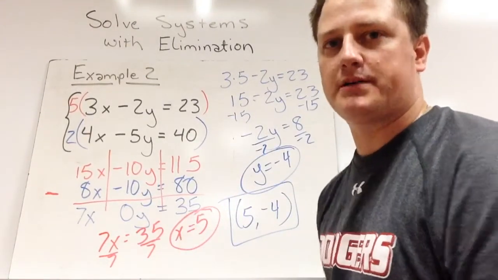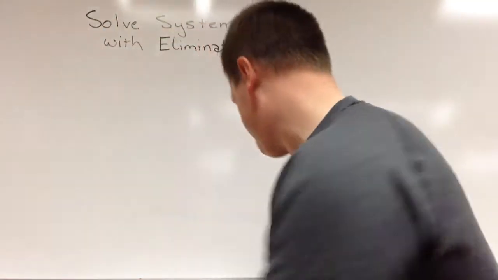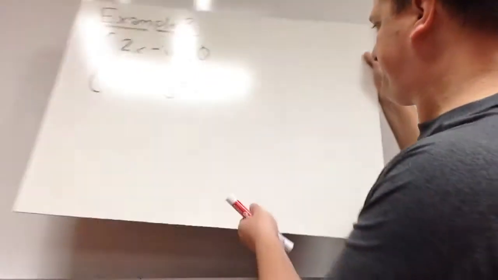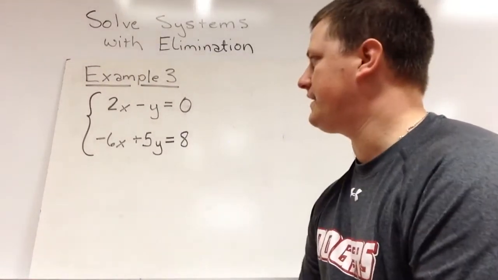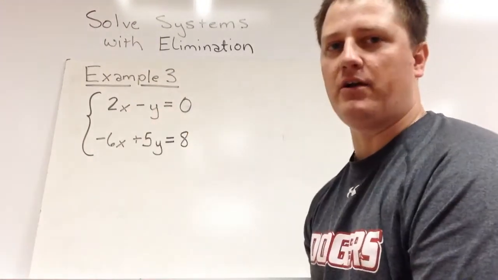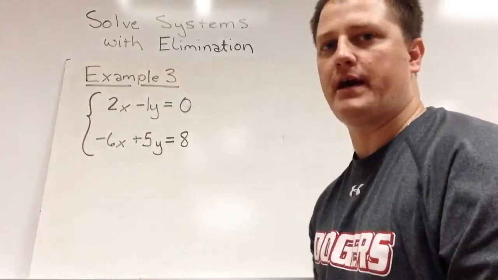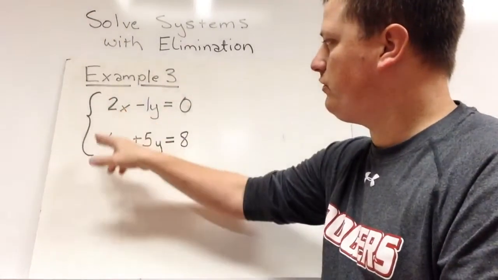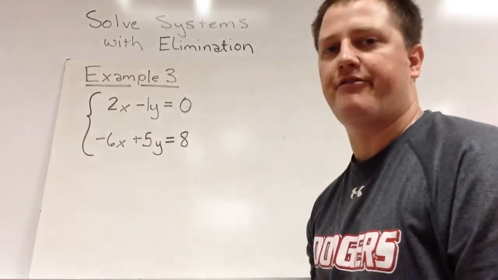Okay, one more example. Our last example looks like this. Remember, anytime there is a letter without a number in front, that number is really a 1. So that can help us. So we want to turn 2 and 6 into 6, or we want to turn 1 and 5 into 5.